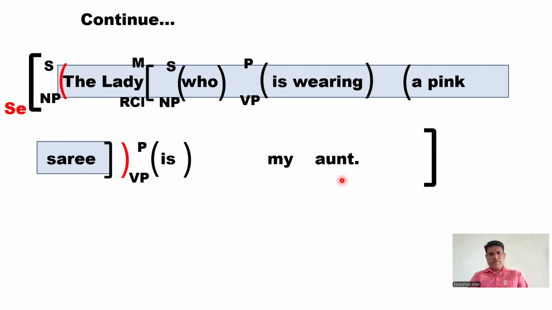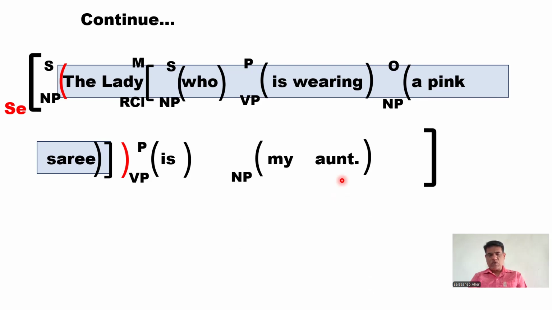So we will have these three words in the same bracket, and this is a noun phrase acting as object, a pink sari. Now only my aunt is left, so we can take it in a separate round bracket. It is a noun phrase acting as a complement because it has followed the copula.